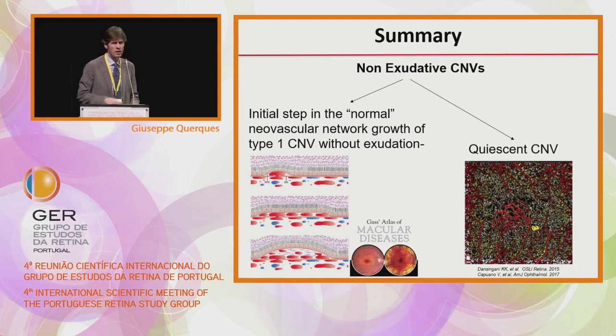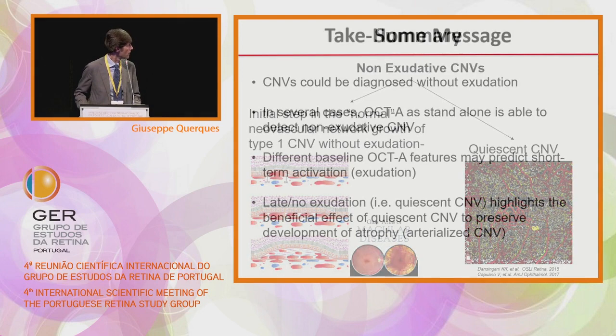At the same time, we have quiescent ones that are arterialized, trying to nourish the outer retina, doing a good job, and they have very little chance to develop exudation, at least in the short term. This was already suggested by the Bailey-Freund group in treated eyes, and by our group in a publication in the American Journal of Ophthalmology a couple of years ago.